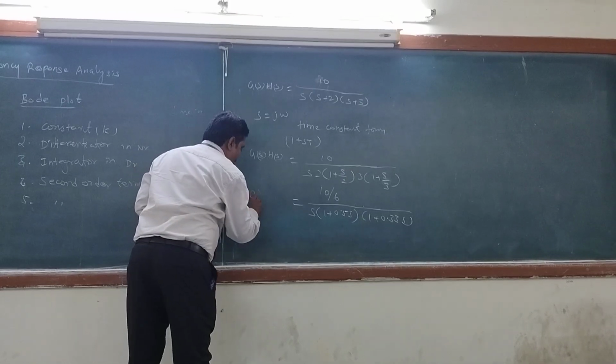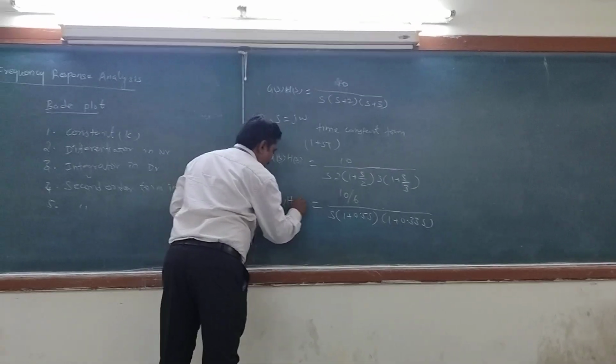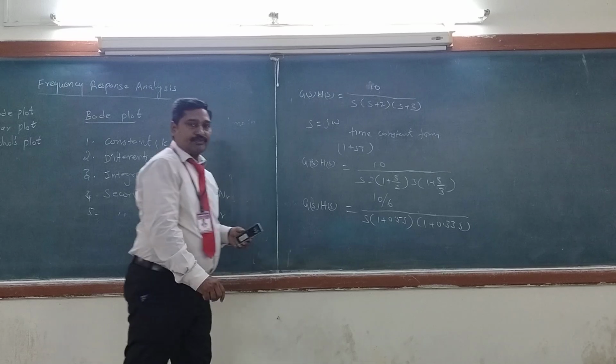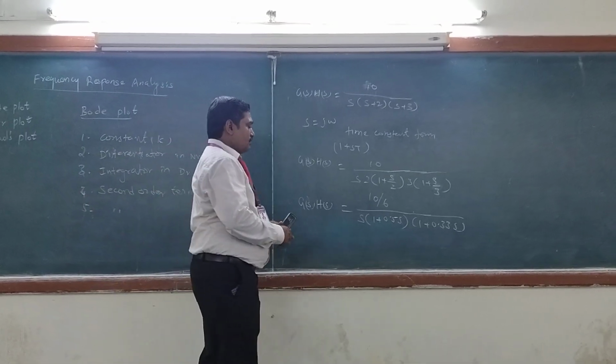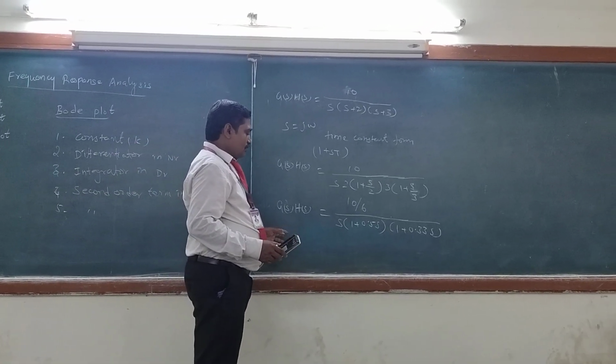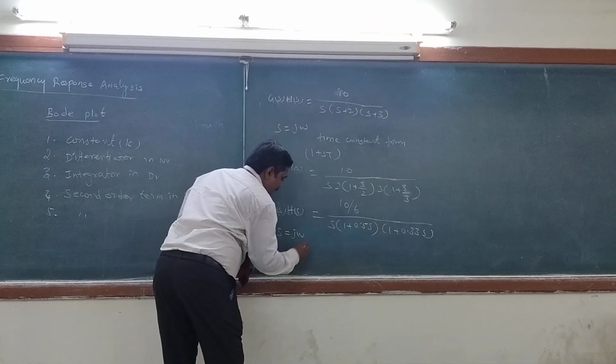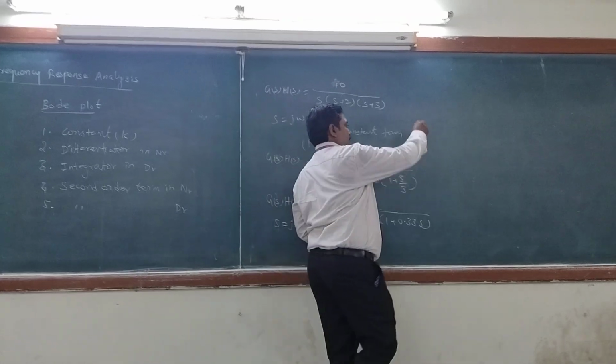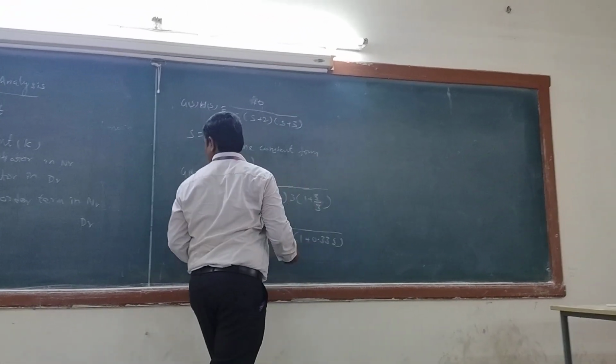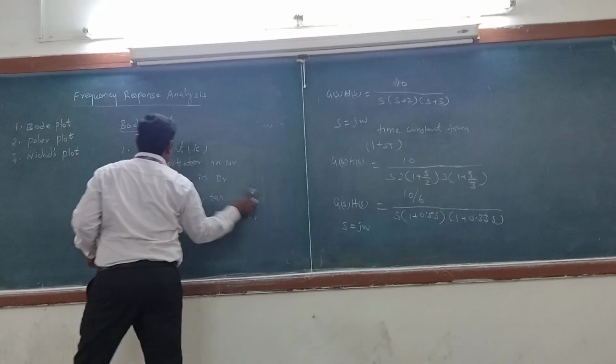So this is your G(s)H(s). Now letting s equal to j omega.